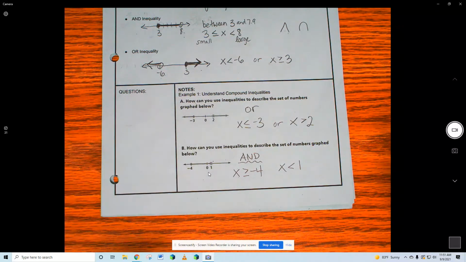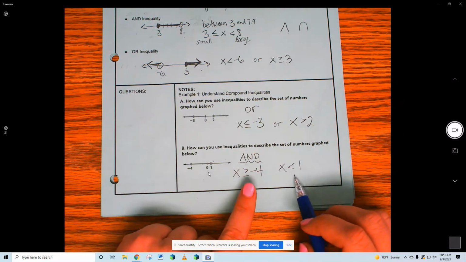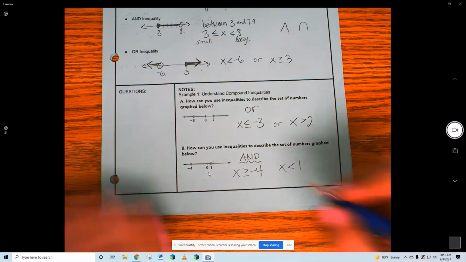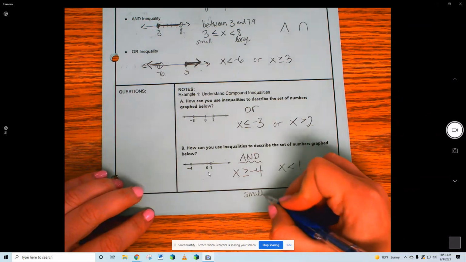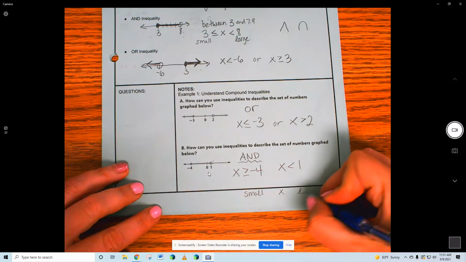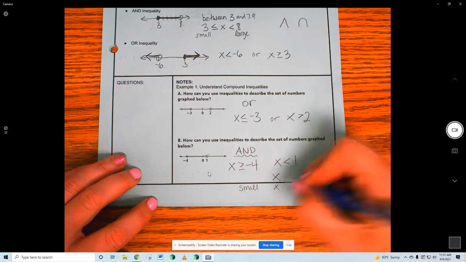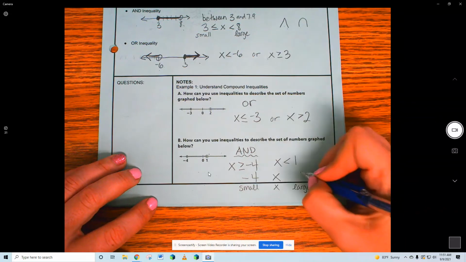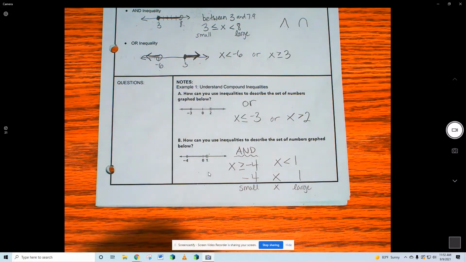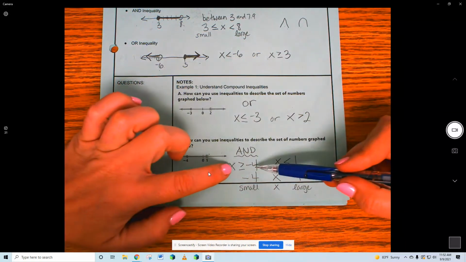Okay, here's how I make these 2 into 1 compound. The smaller number goes on the left. X goes in the middle. The larger number goes on the right. -4 is smaller. 1 is larger. Well, look. This and this.